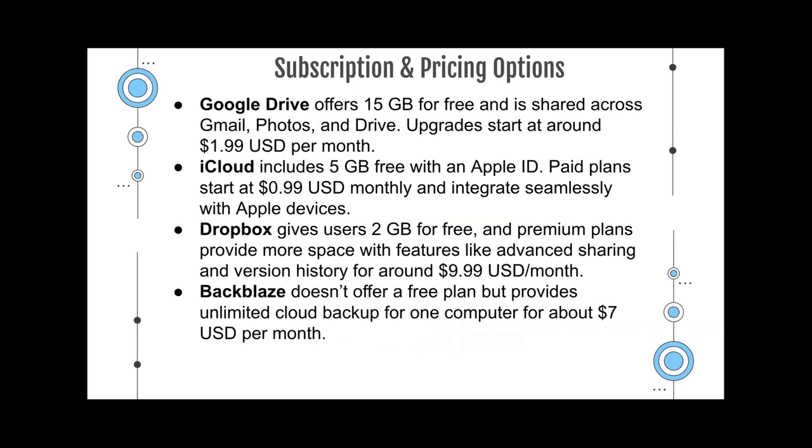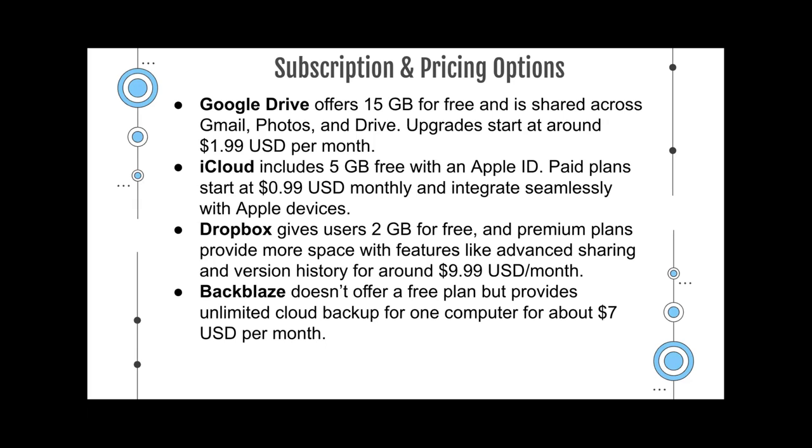Now we're going to talk about subscriptions and pricing options. Google Drive offers 15 gigabytes for free, shared across Gmail, Photos, and Drive, and upgrades start at around $1.99 US per month. For iCloud, it includes 5 gigabytes for free with an Apple ID, and paid plans start at 99 cents US monthly and integrate seamlessly with Apple devices.